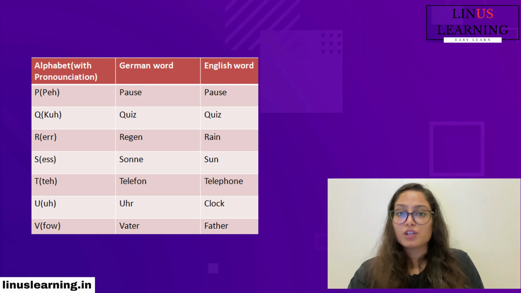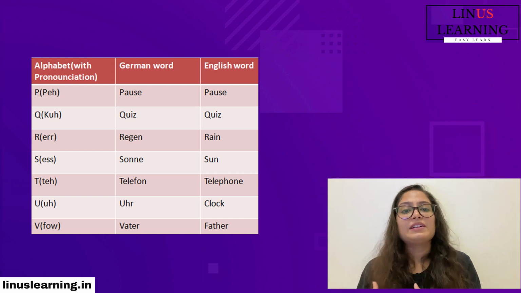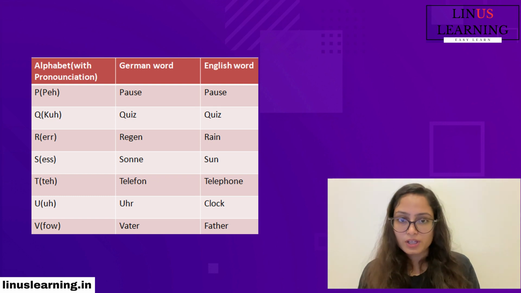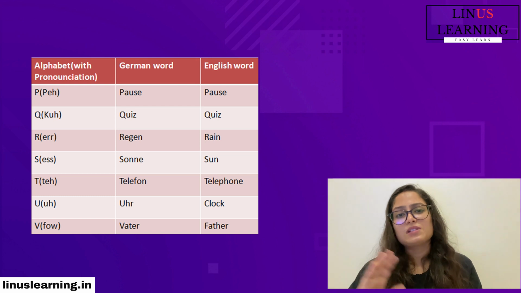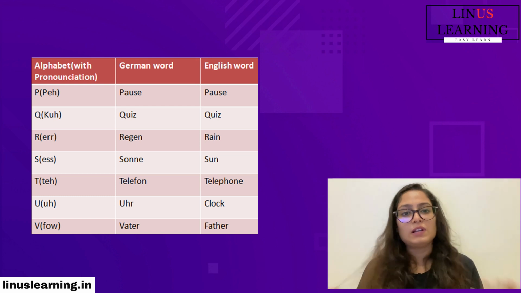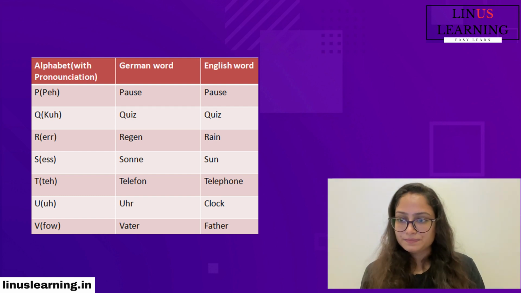S wie Sonne. Right now I told you the letter is S, but in the word we pronounce it like Z. Sonne. In some words we pronounce it like S only, in some words we pronounce it like Z. We'll get used to it when we learn more words. So S wie Sonne. Sonne means sun.